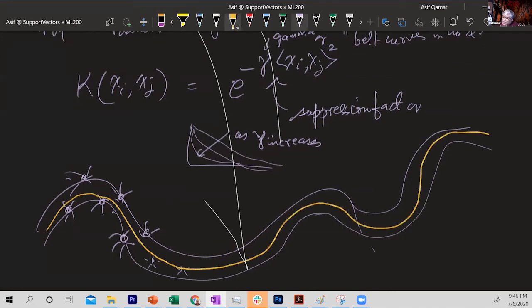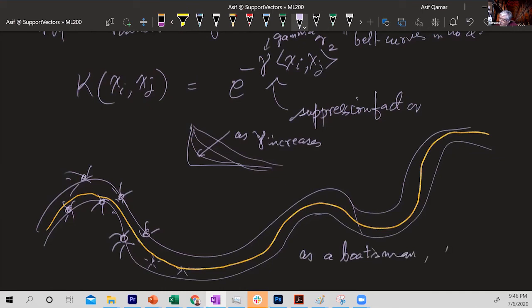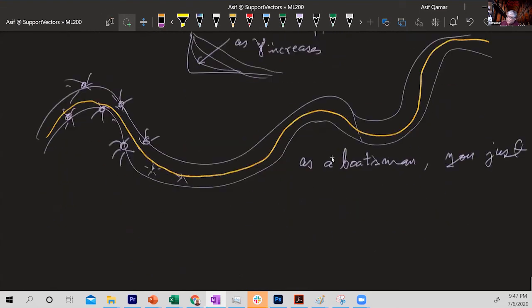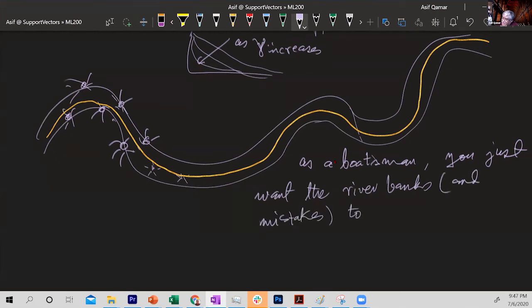As a boatsman, you just need that the river bank should be lit, right? The metaphor is, as a boatsman, you just want the river banks and mistakes to be lit with enough lighthouses along the way.